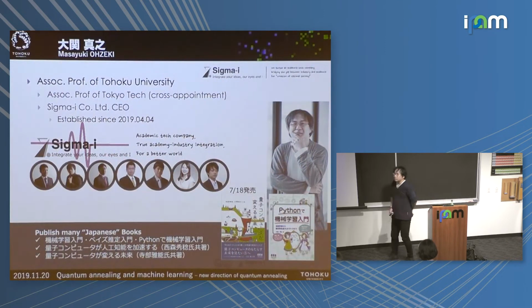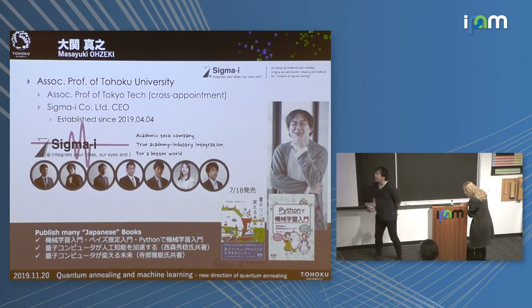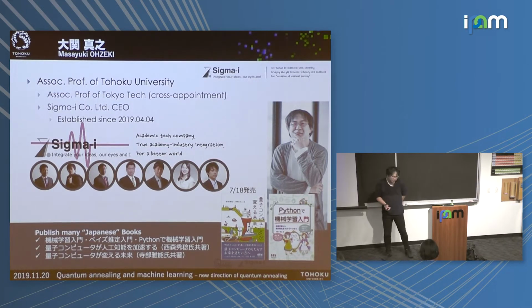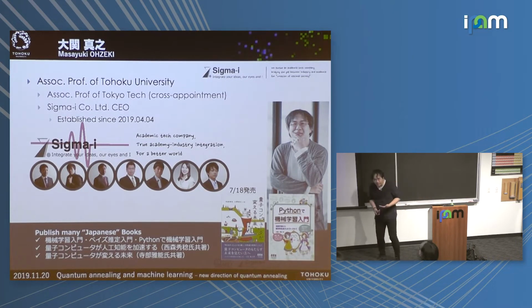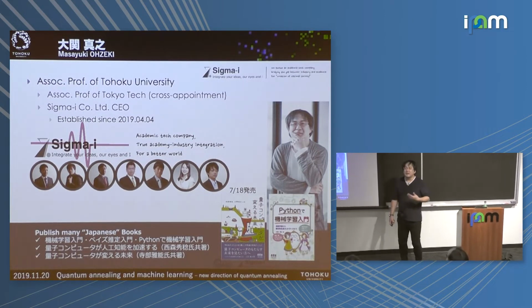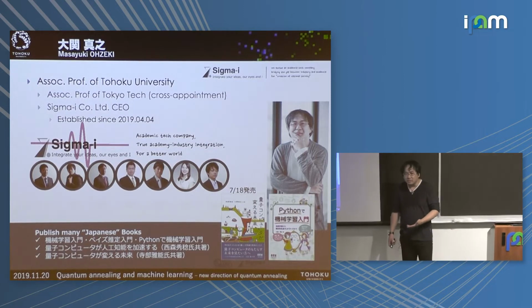So I'm Masayuki Ohzeki from Tohoku University, but I have some cross appointment with Tokyo Tech. I have established some startups in Japan, Sigma I. In Japan, we have a slight fever of quantum computing, and many startups were established. As researchers, we ourselves established two academic and two business ventures, by use of our research power.